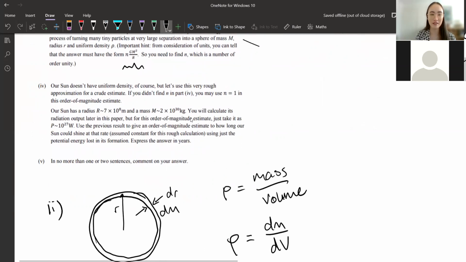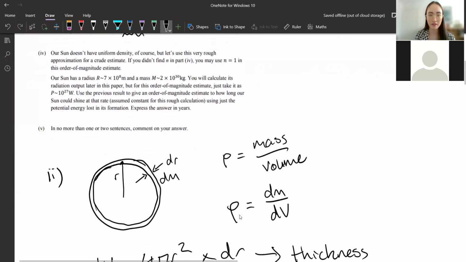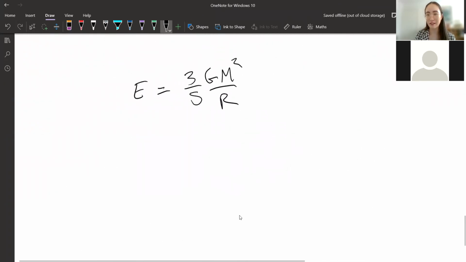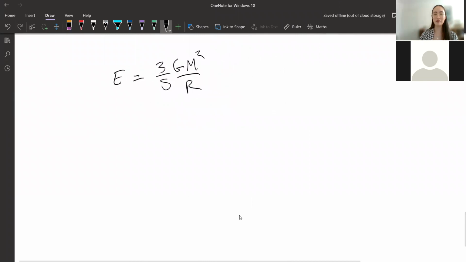So they've given us the values of the sun, and we want to calculate the order of magnitude estimate of how long our sun could shine for at this rate, assuming that this is the power. All right, this is a very simple approximation, so we're going to expect it to go wrong, but we'll give it a shot. So this is part IV.